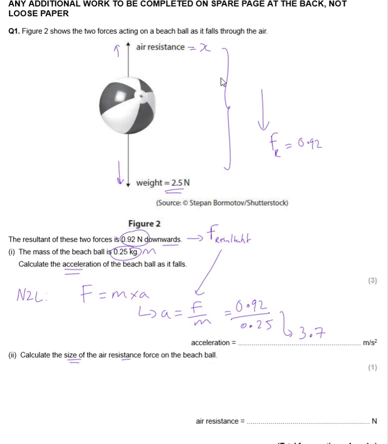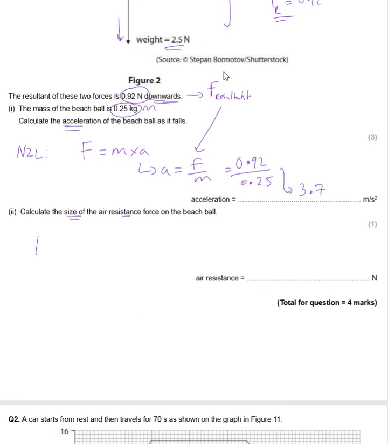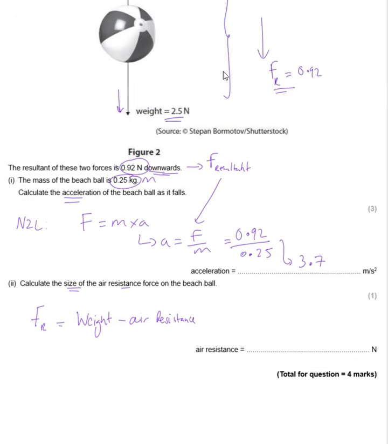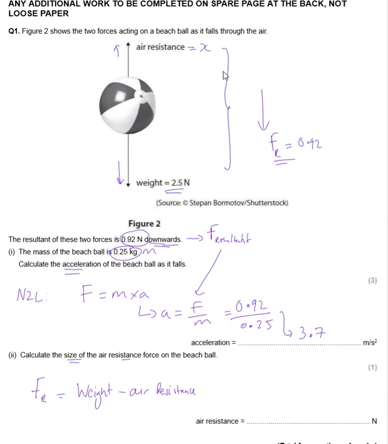Now, what is the object doing? The object is going downwards, which means the resultant force is downwards. Therefore the resultant force is the weight minus the air resistance. How do we know this? It's because the object is falling with the resultant force downwards.